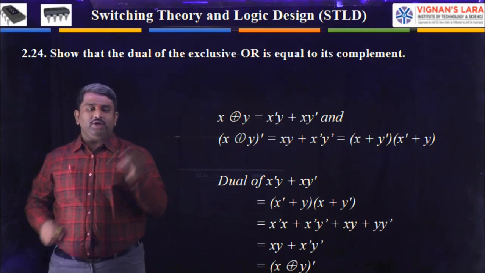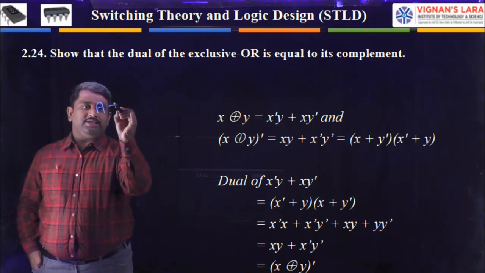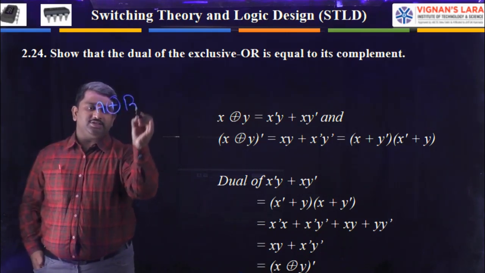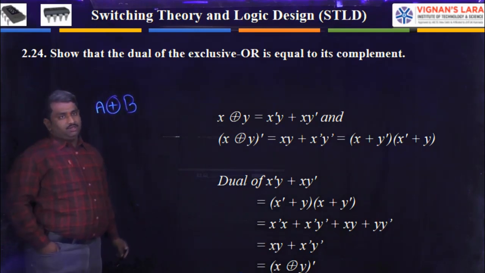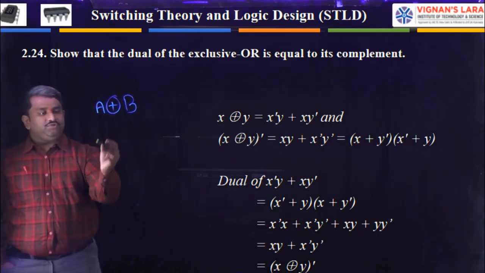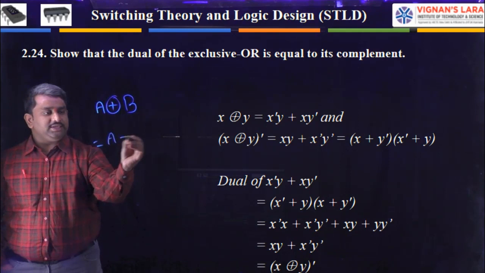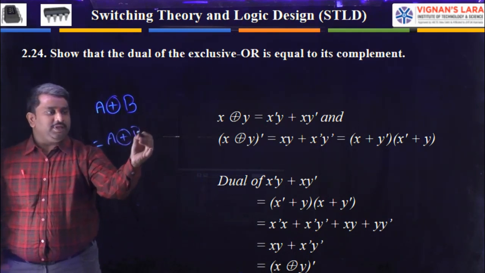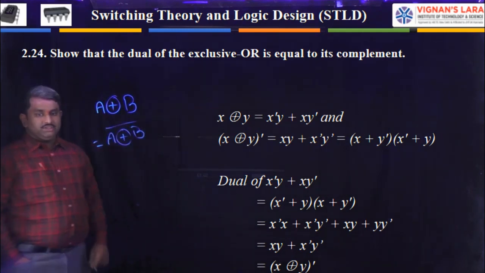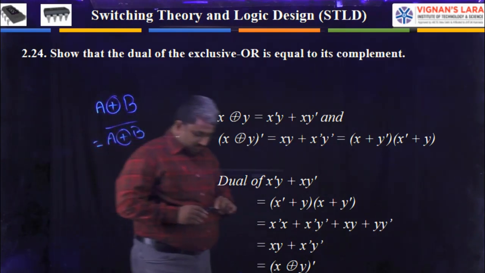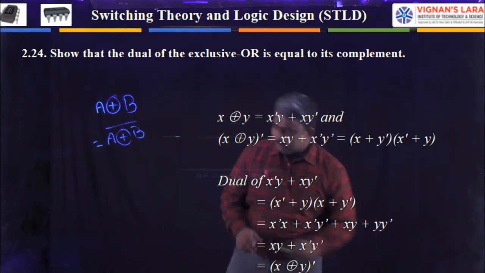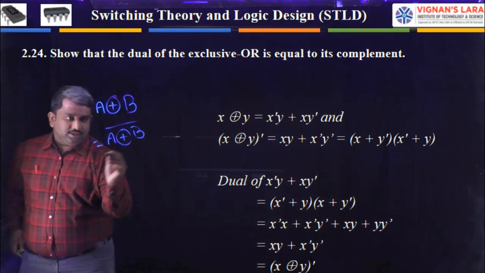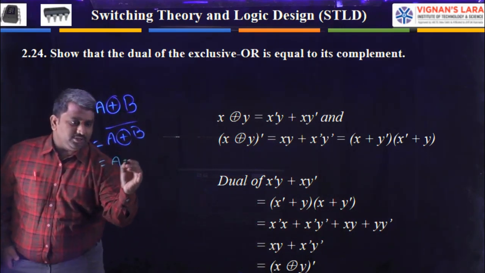We know what the XOR function is. We represent the XOR symbol in this way, A XOR B. What is the complement of this? The complement is A XOR B whole bar. This is the complement of the function. You can represent this in this way also.